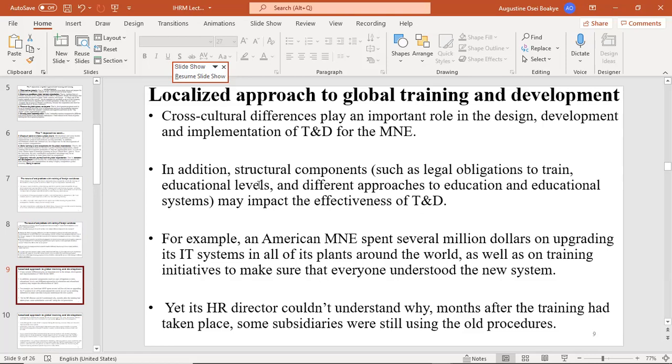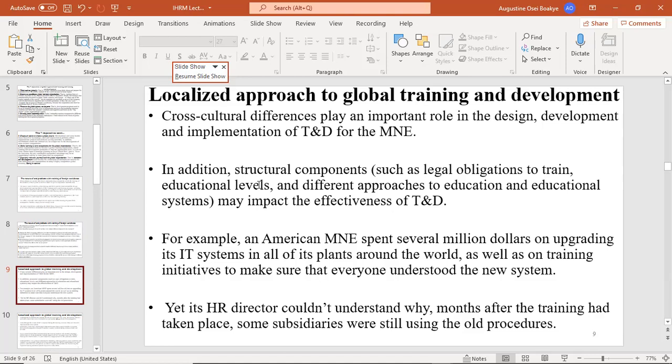So if you take the educational level, for instance, the educational level in Ghana is totally different from that of the US and that of the UK. And if you even take the availability of internet and technology, you realize we are still trying to catch up, whilst they are now even heading towards the moon. And so all these differences can affect the design, development, and implementation of T&D, particularly its success.